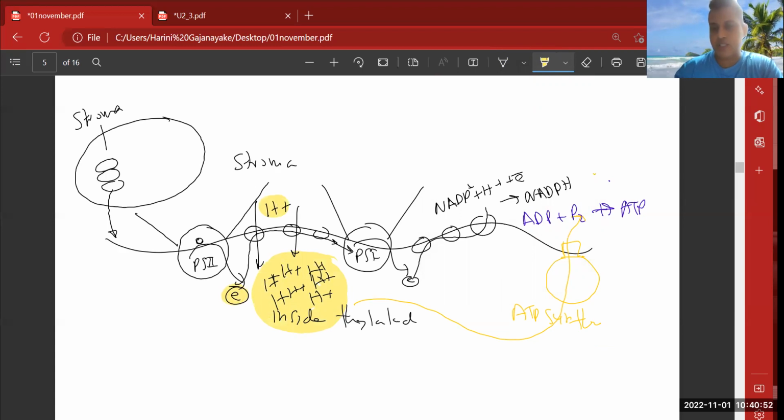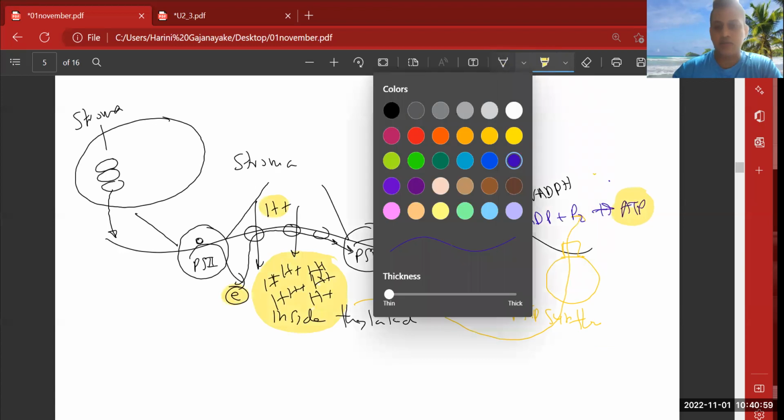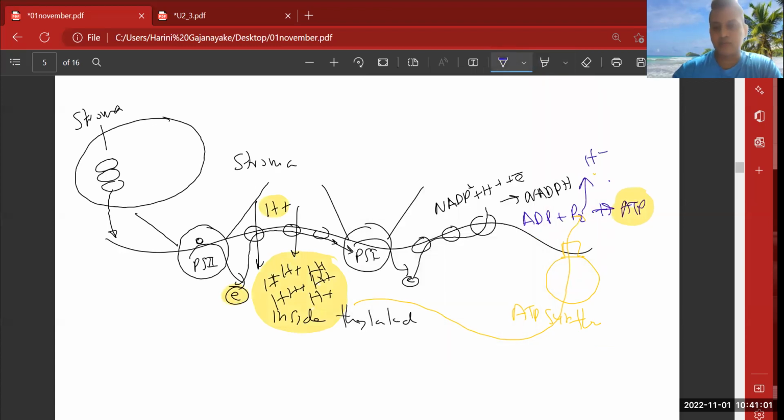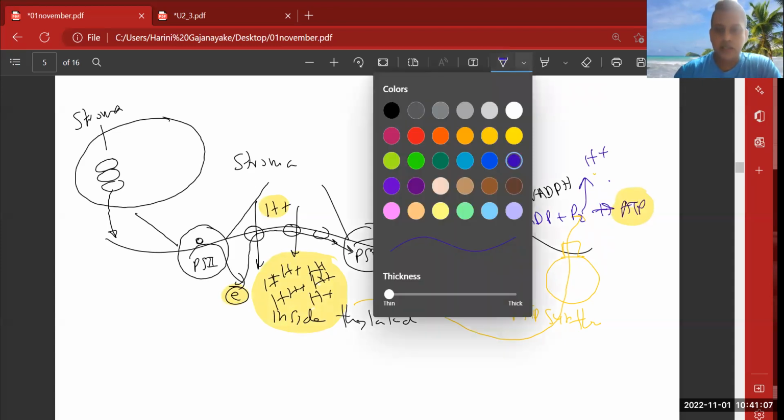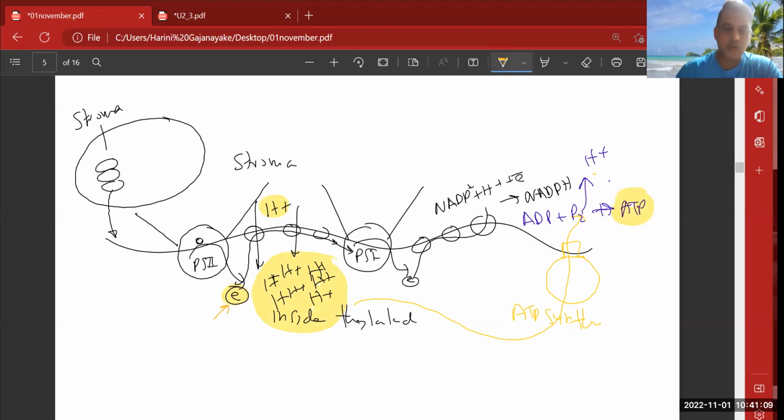This energy cannot be destroyed and is again trapped in the ATP molecule when hydrogen ion is moving out. Now you can understand the energy of the electrons finally moves to the ATP. This energy is coming from the sunlight. Sunlight energy moves to the electrons, finally it goes to the ATP.